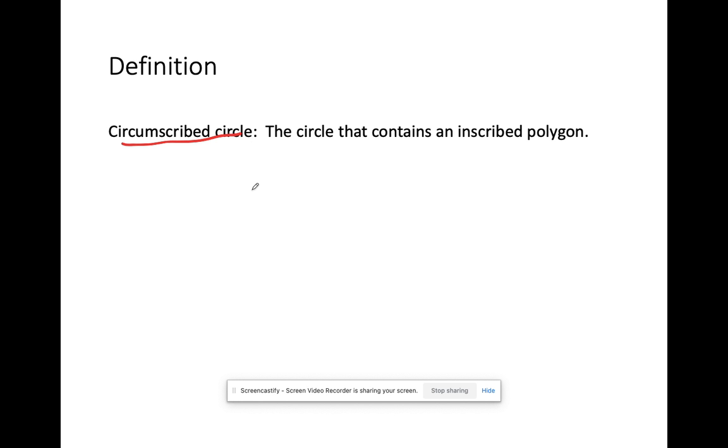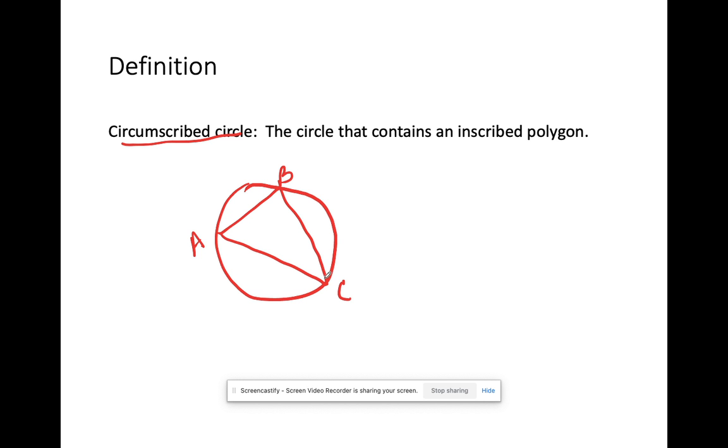So just to show you a picture of what that looks like, if I just draw kind of something that looks like that first example from the previous slide, where I have triangle ABC, and triangle ABC is inscribed inside of that circle.